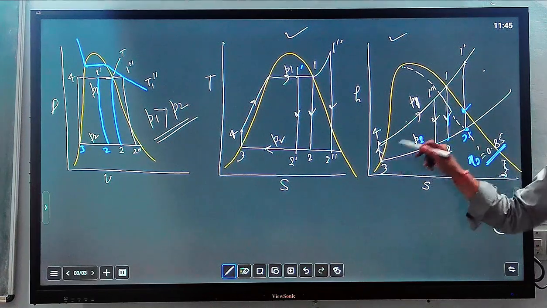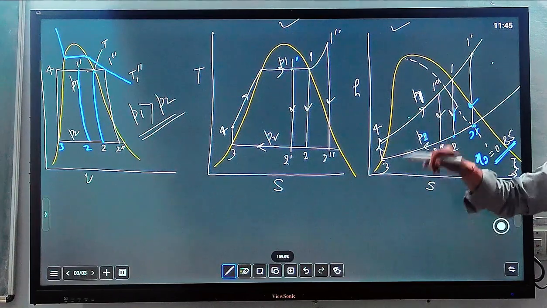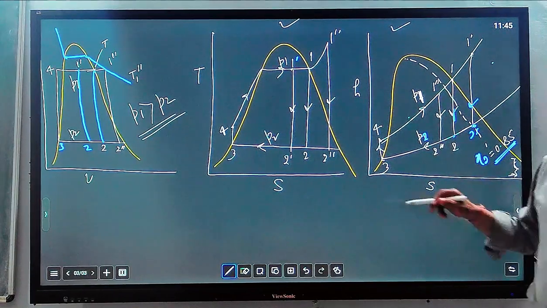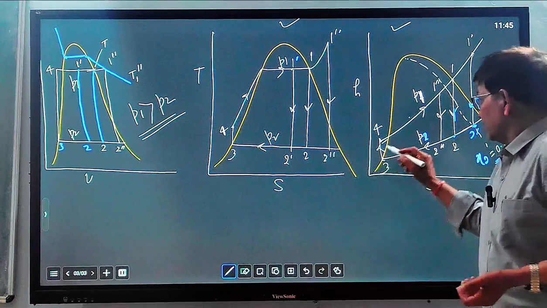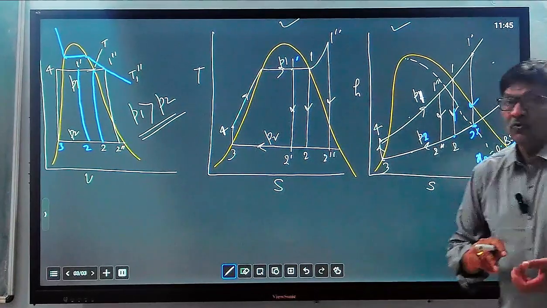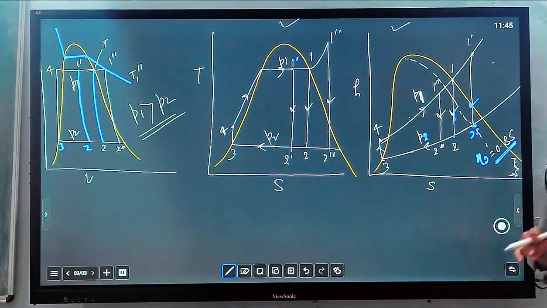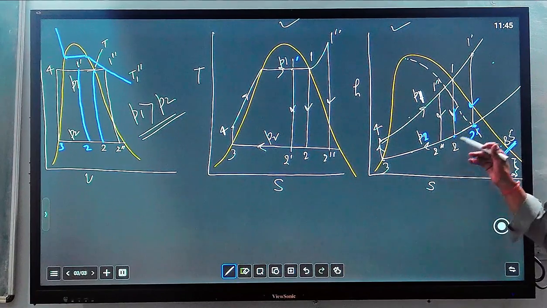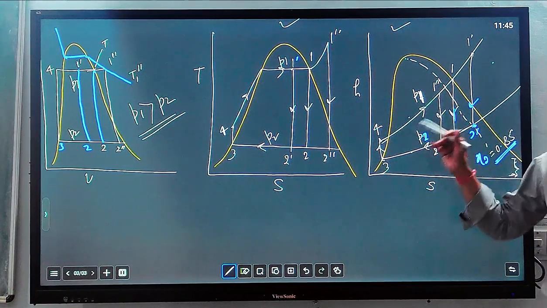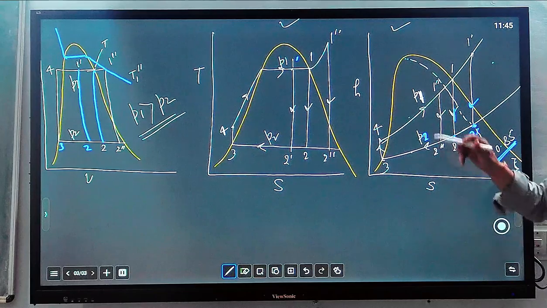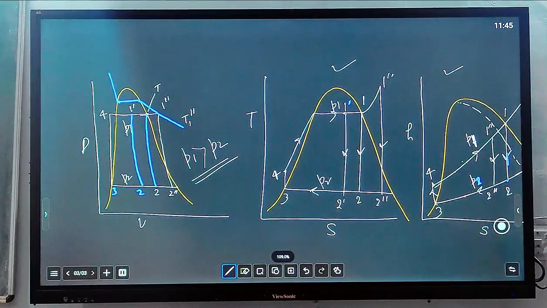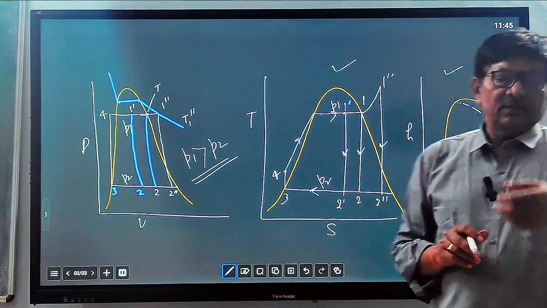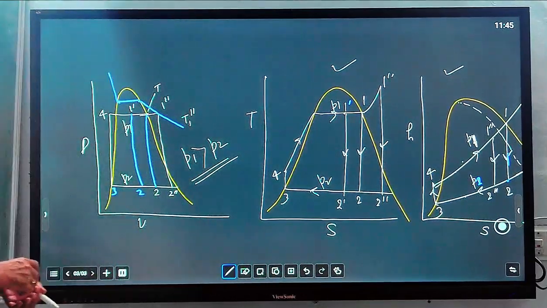Steam will completely condense, and from 4 pumping will take place again. The pump will raise the pressure because the pressure here is higher and here is low pressure. So the pump work is to transport water from the condenser to the boiler at higher pressure because these two pressure levels are different. So this is how we can represent these processes on this diagram.